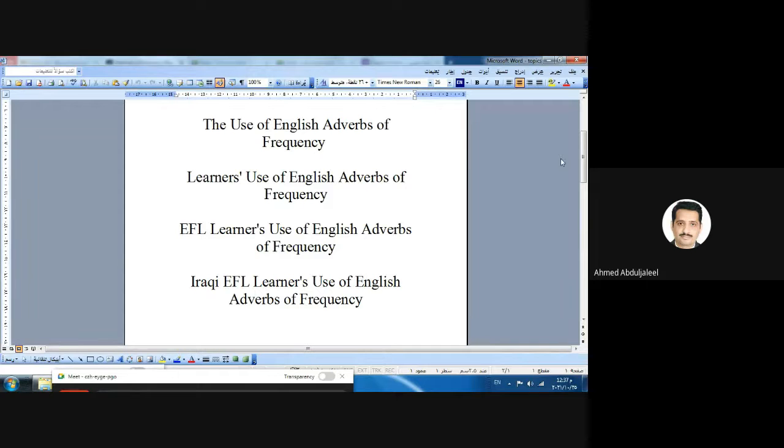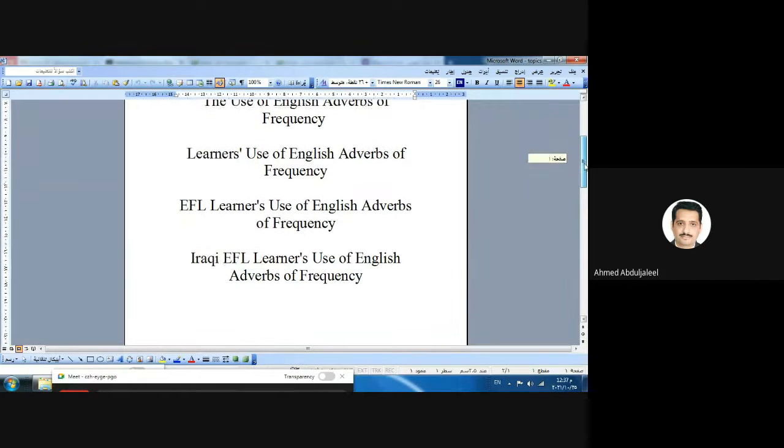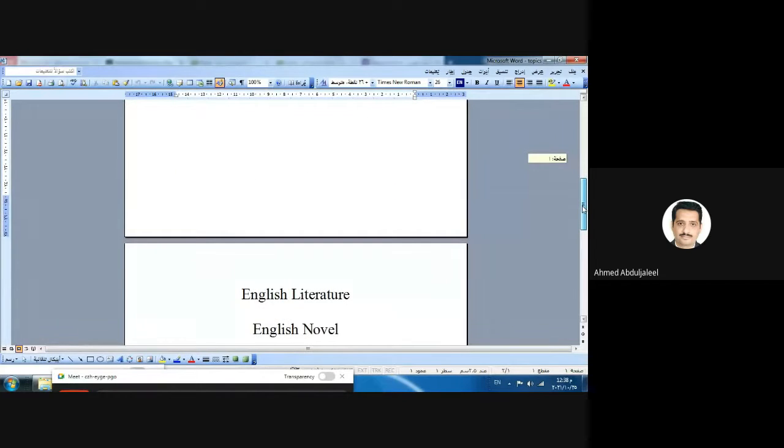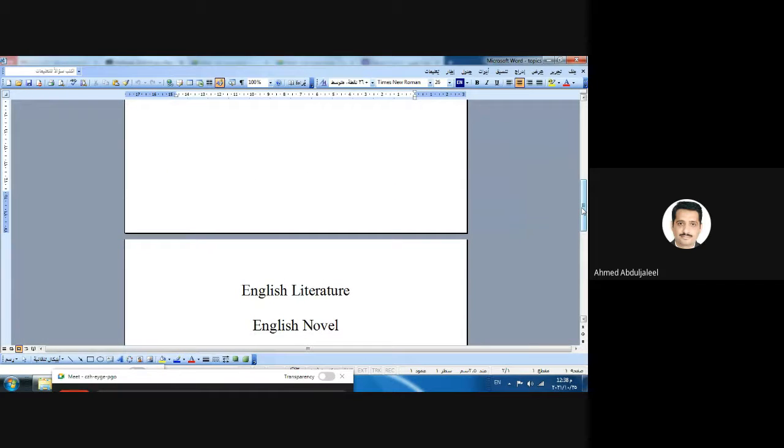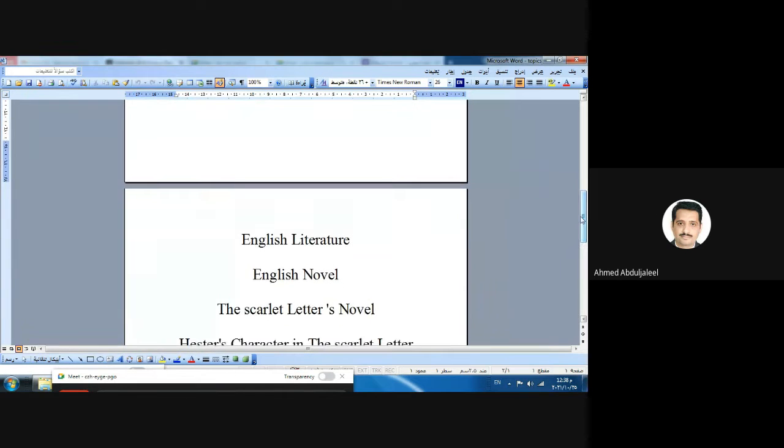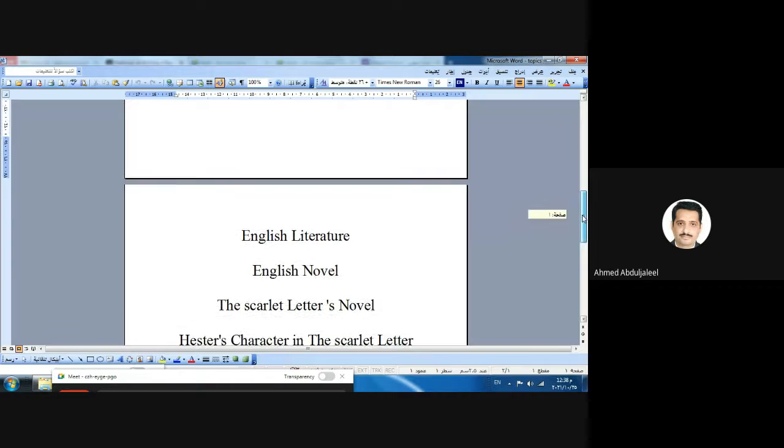Now we choose another topic that is related to literature. Again, we begin with something general, English literature. In English literature, how many things do we have? We have poetry, short story, novel, and drama. So what are we going to choose? I'm going to say English novel.